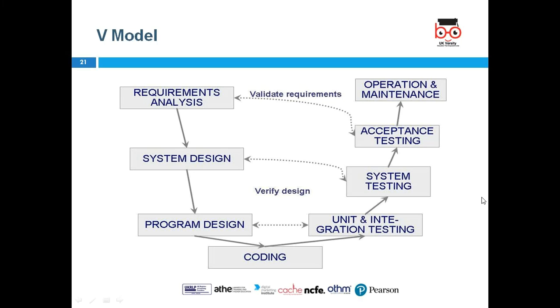At program design, you keep on doing unit and integration testing. In the system design, you keep on doing the system testing. And at the requirements, you do acceptance testing.